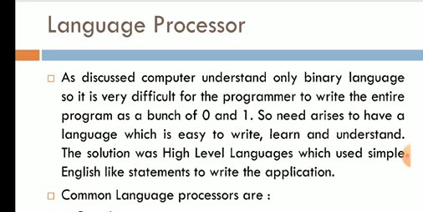As we discussed in the previous chapter, the computer can understand only binary language, so it would be very difficult for the programmer to write an entire program in ones and zeros. So we need a language processor to convert our high level language program. Our programming language is called high level language, and machine understandable language is called machine language.